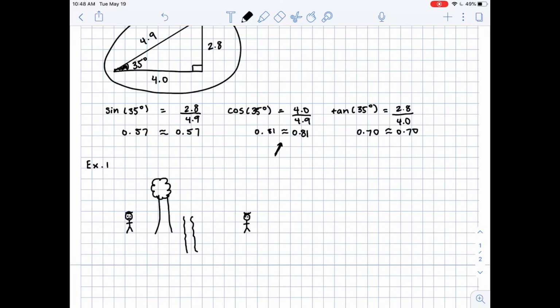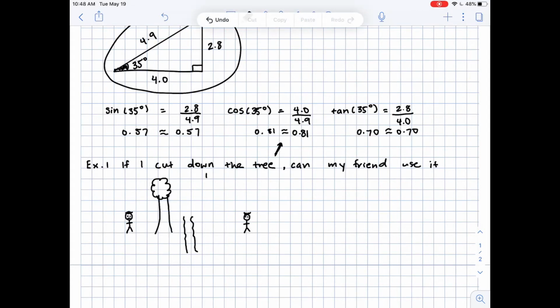Okay. So, the question here is going to be, if I cut down the tree, can my friend use it to cross the river?